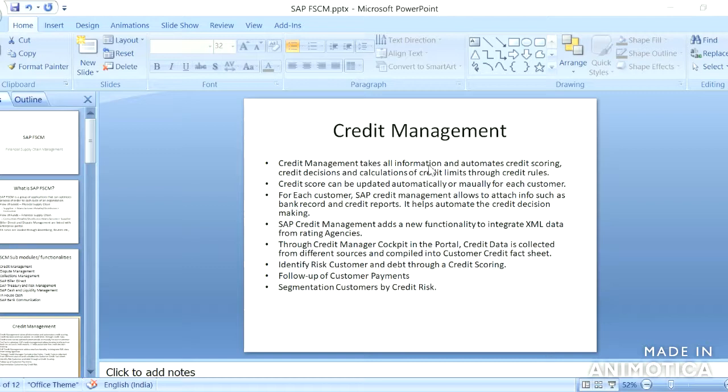As I was discussing in the example, if the credit limit is being exhausted, the system will warn us that if we are issuing further orders to this customer, please be aware that this customer has already reached 80% of the credit limit.